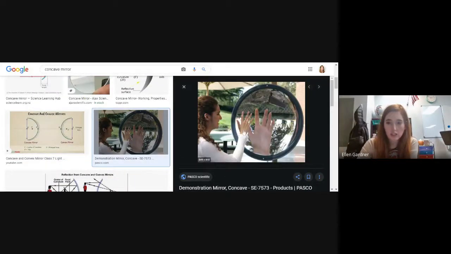So here, this person's hand is much closer to the convex mirror, and the hand appears larger. But if she were to back away, it would change the size of what the reflection is. Notice also that parts of it are inverse, they're upside down.